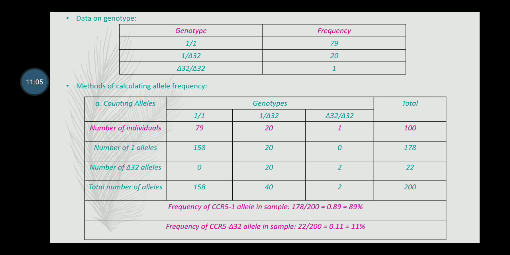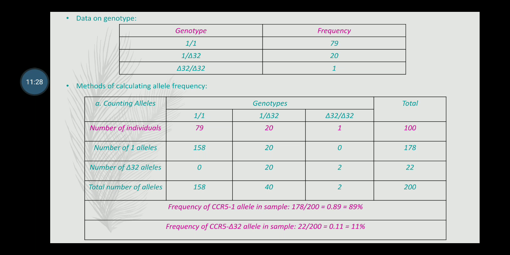In the case of the heterozygous genotype, a 1 allele is present in only 1 locus. Therefore, 20 into 1, 20 number of 1 alleles present in the heterozygous population. And in the case of the homozygous recessive population, there will be no 1 allele.